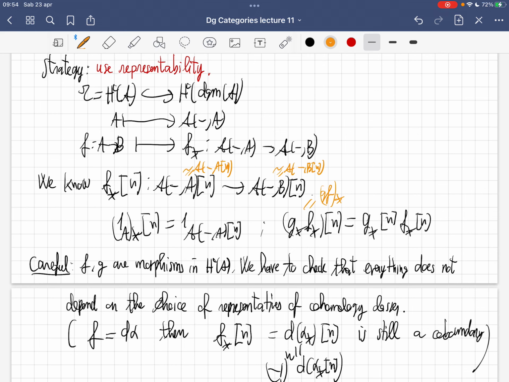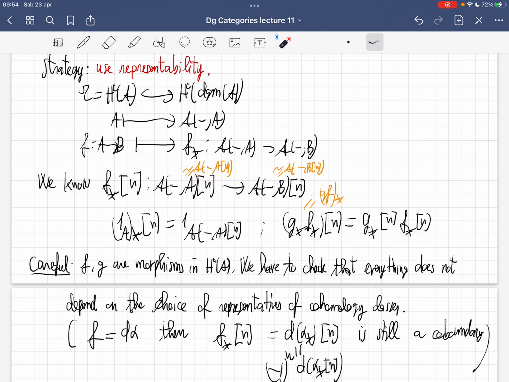And everything will work. You should try this yourself, and fill in some details I'm maybe not touching here, but it really works. It's a very typical strategy. You want to define some functor internally, as in this case. You apply the Yoneda embedding. You do whatever you need to do inside the DG modules, or even the homotopy category of the DG modules in this case, and then you use representability. So essentially, you identify this with this.